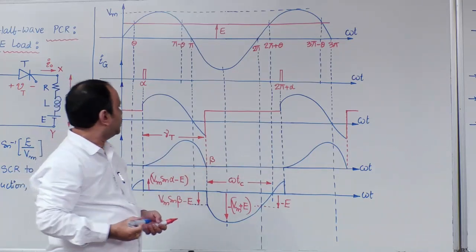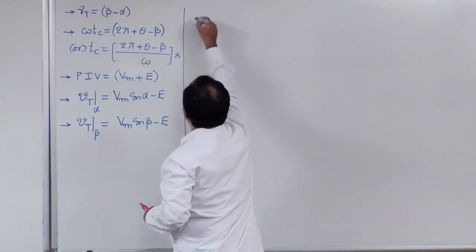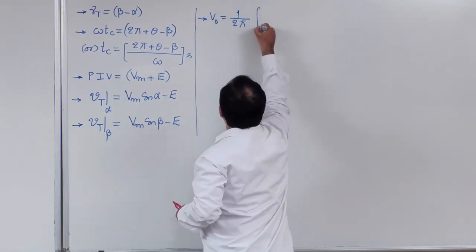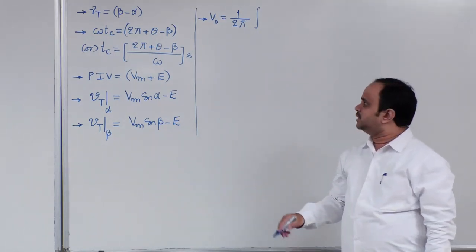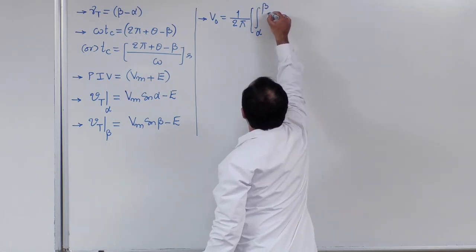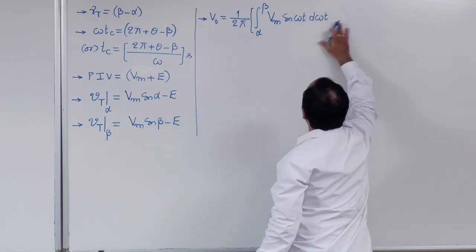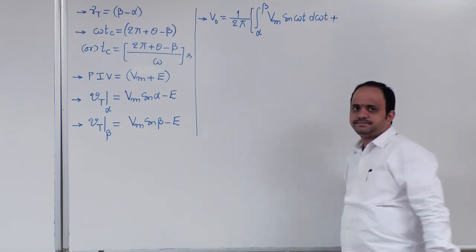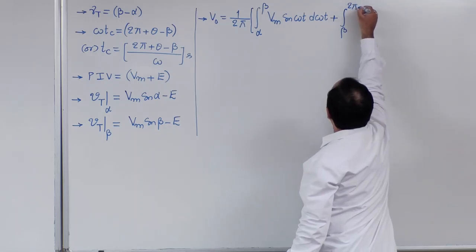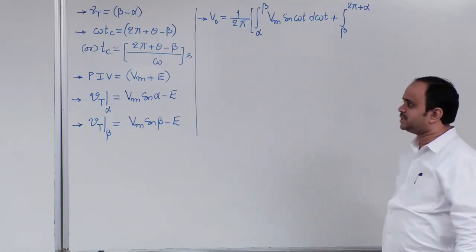Now let us write down the average output voltage, capital V0, is equal to 1 by 2 pi. 2 pi is the periodicity, so 1 by 2 pi. Now integration limits alpha to beta of Vm sin omega t d omega t, plus the integration from beta to 2 pi plus alpha. Alpha is where we started, and at 2 pi plus alpha we stop, so one cycle is completed.